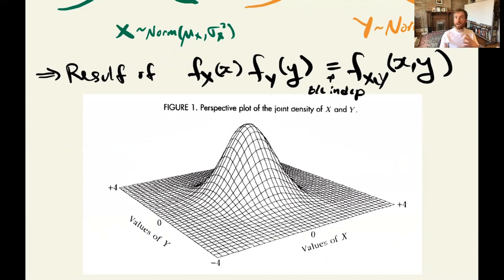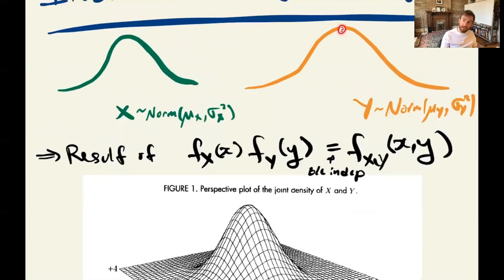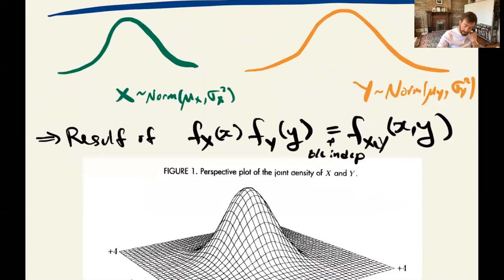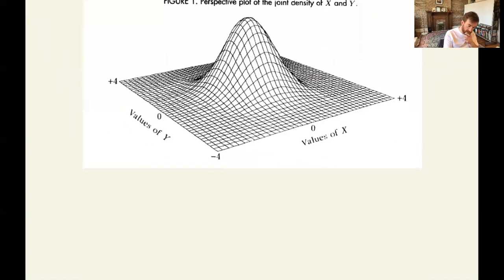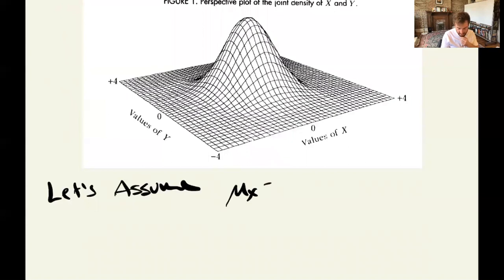All right, so now let's try to figure out some properties of this distribution. One thing we already know is that if I slice at a constant value of y, then I'll get some area, and that area actually ends up being this height here. So let's operate under the assumption where mu x is equal to mu y, which is equal to 0.